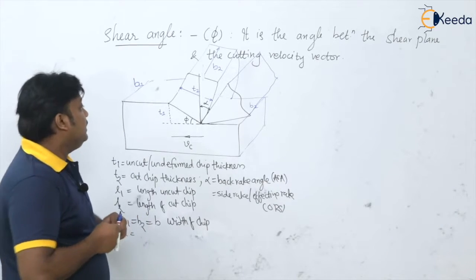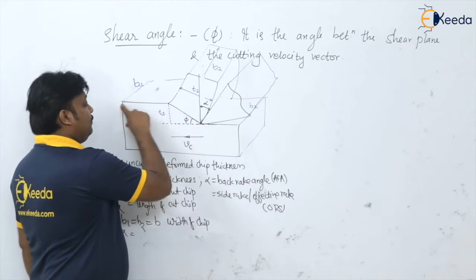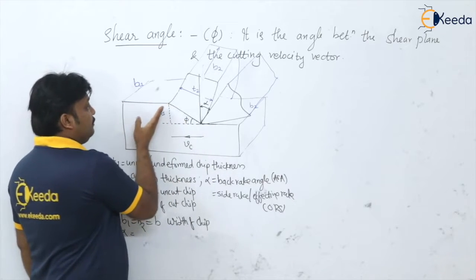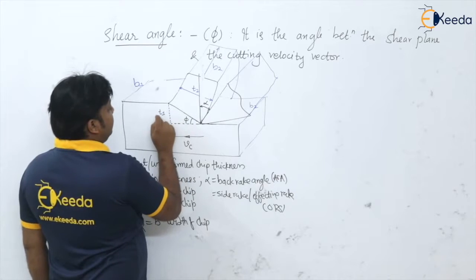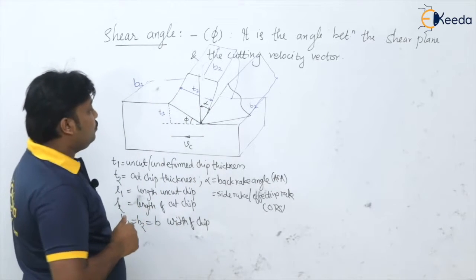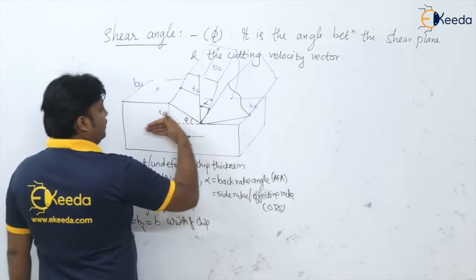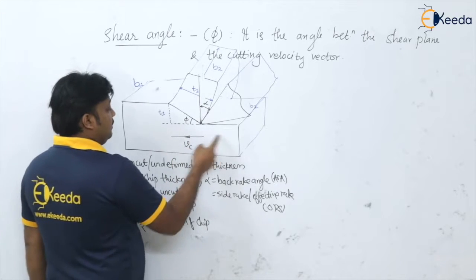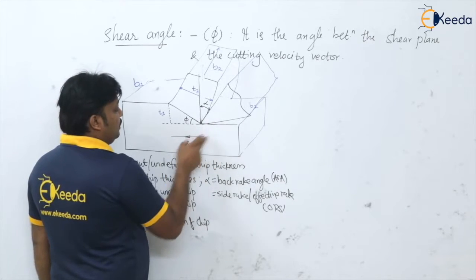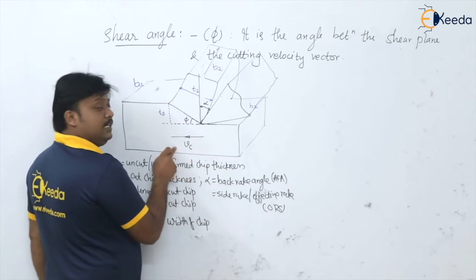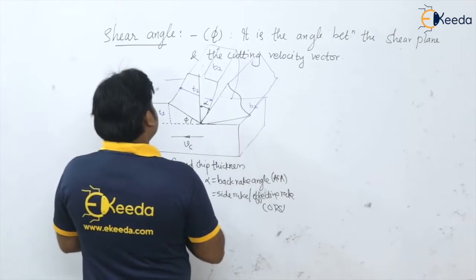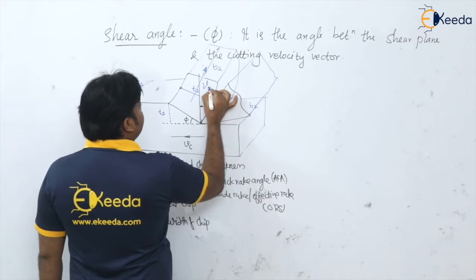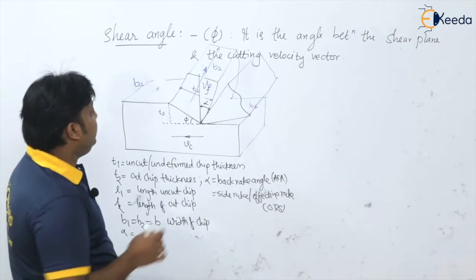T1 is the thickness of the undeformed chip, which is going to deform like this. When it deforms, the thickness becomes T2. This is the feed given to the tool. If the velocity of the tool with respect to the workpiece is our cutting velocity Vc, then the chip is flowing with velocity Vf.